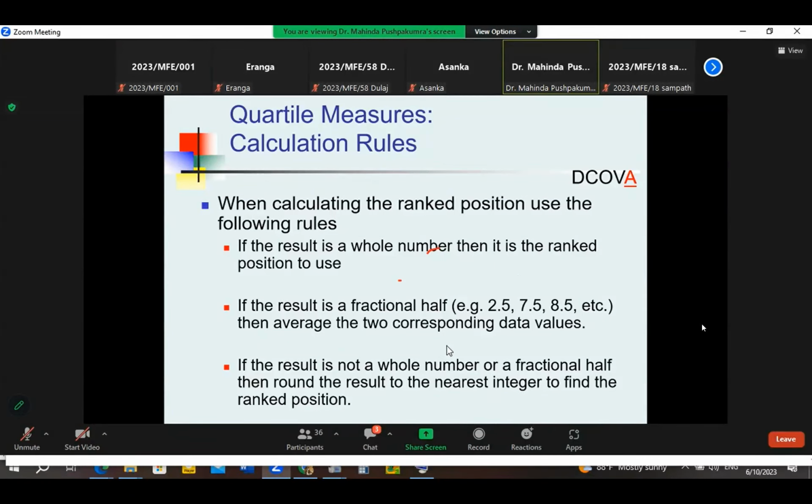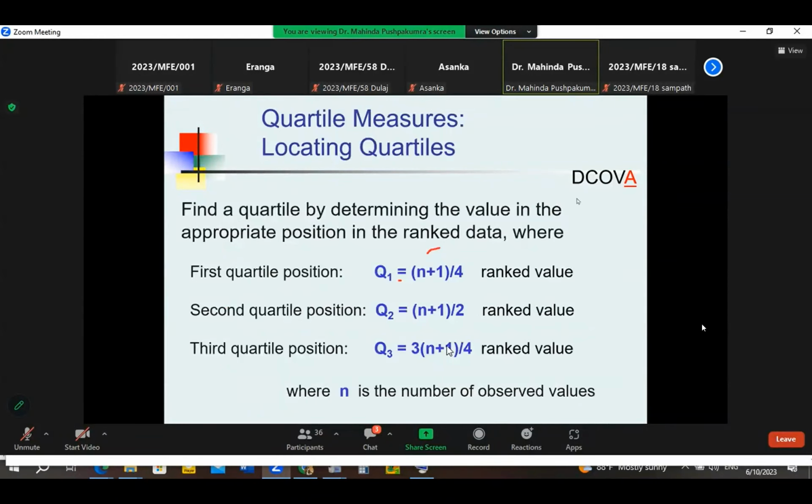That means when you calculate the quartile position, let's say the value is 6.5, then you take the values of 6 and 7 and take the average. If it is 6.2, then when you round it becomes 6, and the quartile is the value in the 6th position. If it is 6.9, when you round up, it becomes 7.